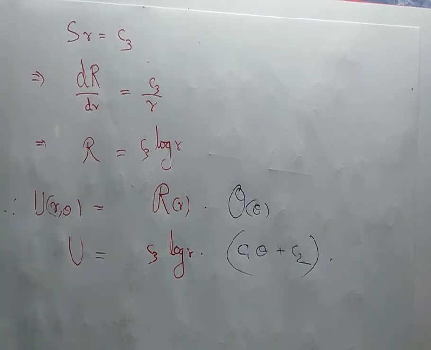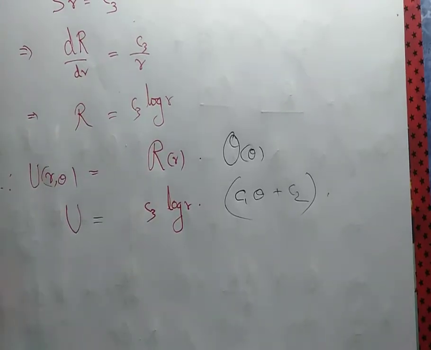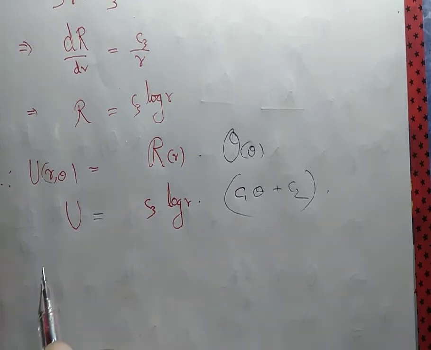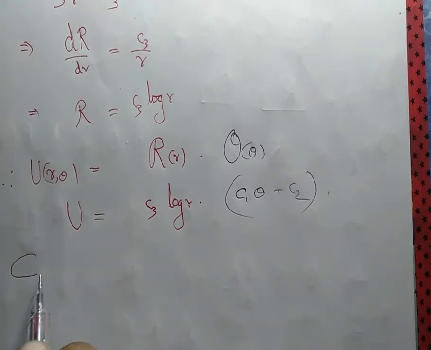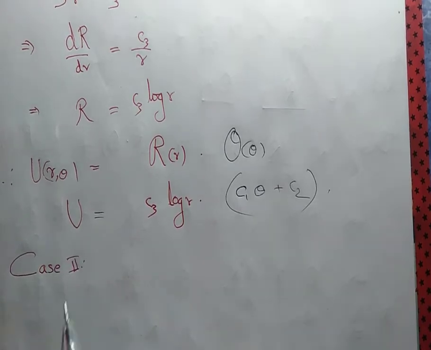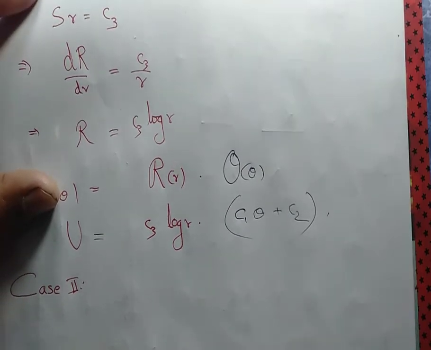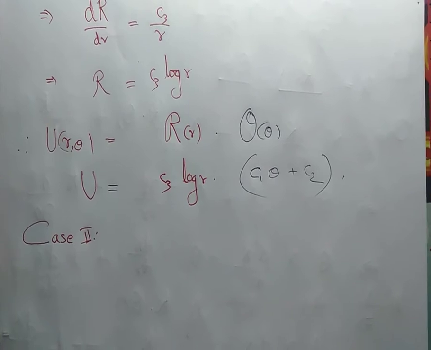But k need not be 0. So let's look at the other case when k is not equal to 0. Okay, what if k is not 0? If it is not 0, then either it is greater than 0 or less than 0.